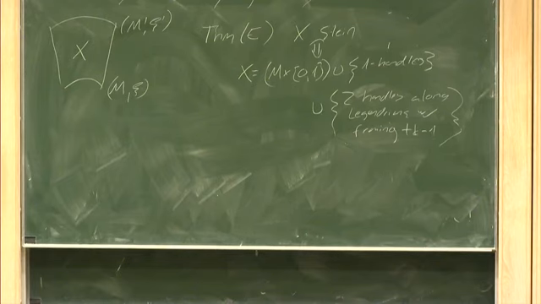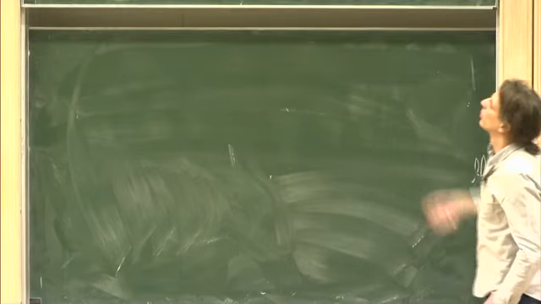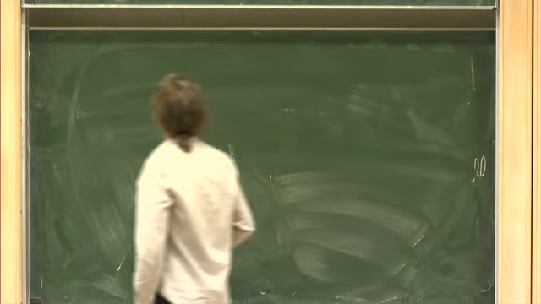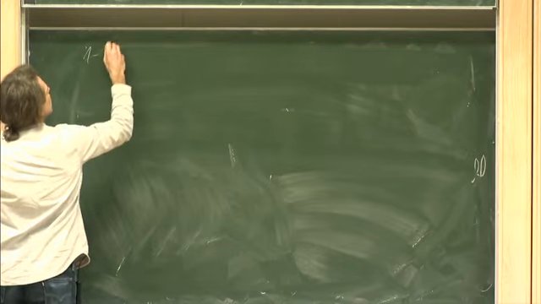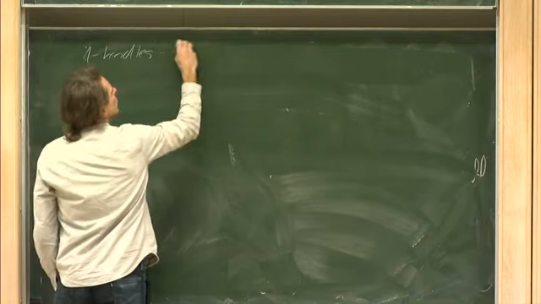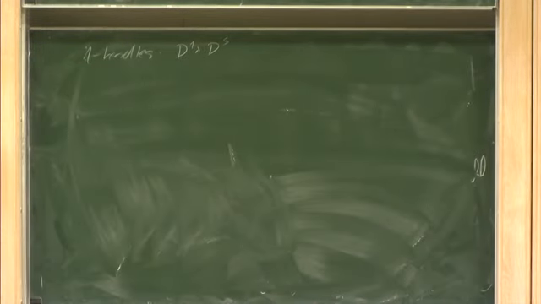So what we can do is look a little bit at what these handle attachments correspond to, at the level of both the three-manifold and the structure of the open book decomposition, which is fairly straightforward, but should be at least said. So for the one-handles, what are these? This is just D1 cross D3.